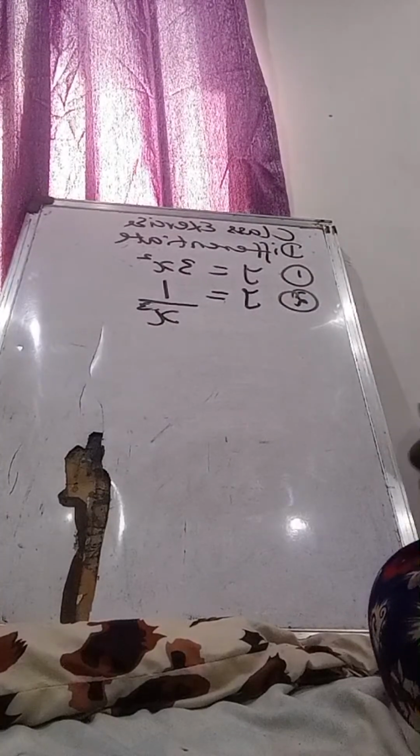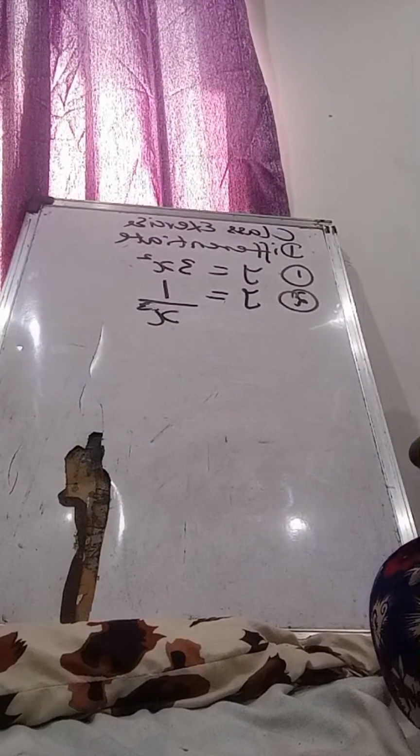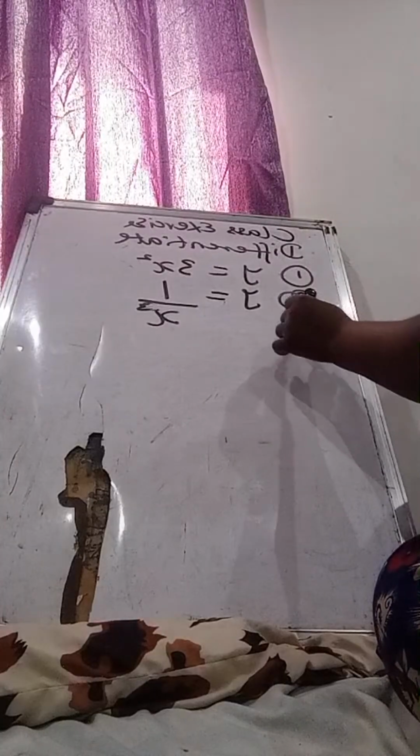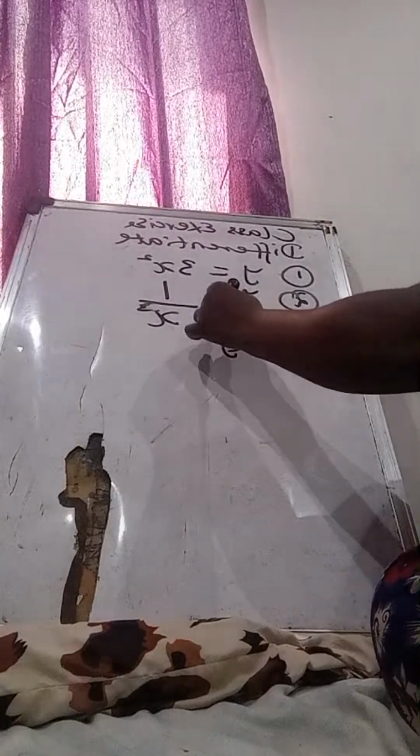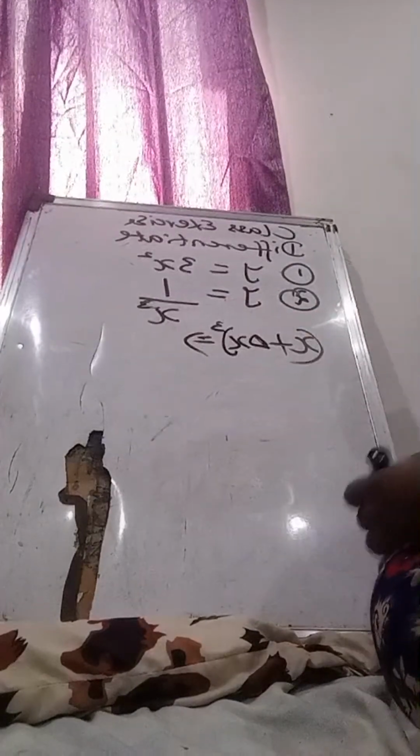For the benefit of those that were not around, when we have x plus change in x raised to the power of 3, what is our expansion going to be?